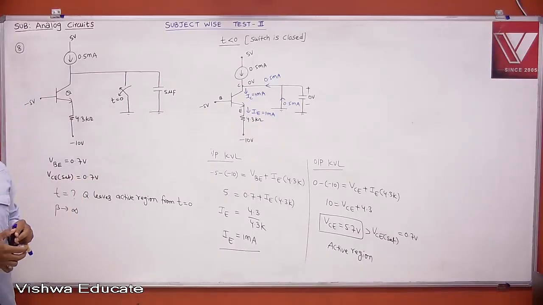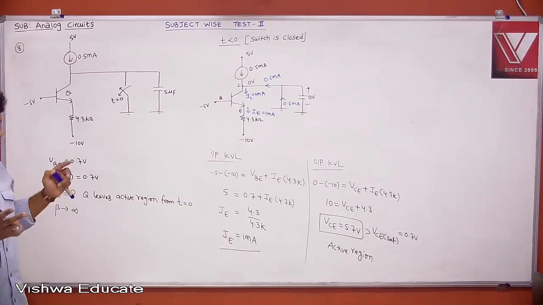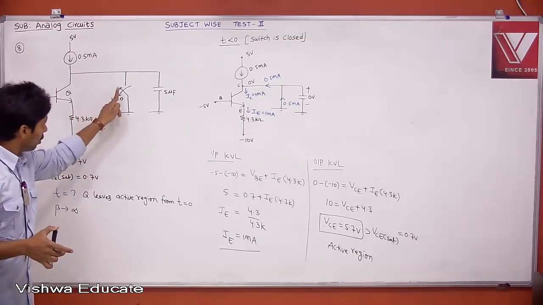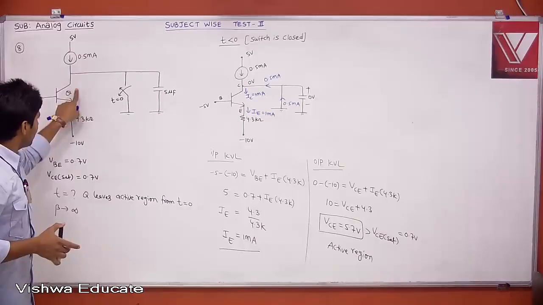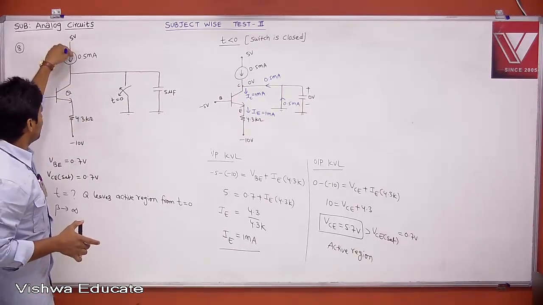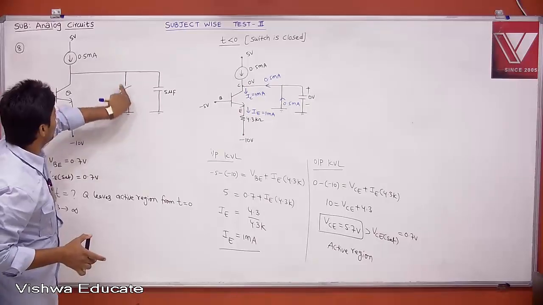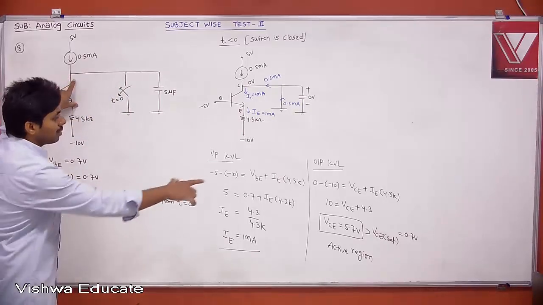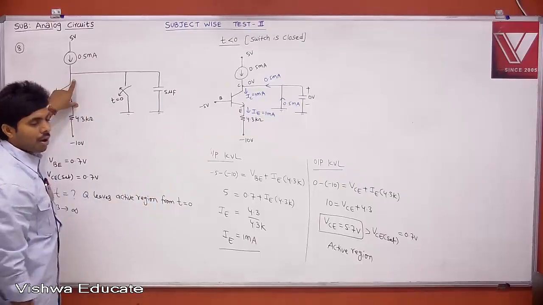Now, we are not solving the problem, I am explaining the problem. When the switch is closed, 1 milliampere of current is flowing through the transistor. Out of that 1 milliampere, 0.5 is coming from this current source, the remaining 0.5 is coming from this ground. Then VCE is equal to 5.7, which is greater than 0.7.